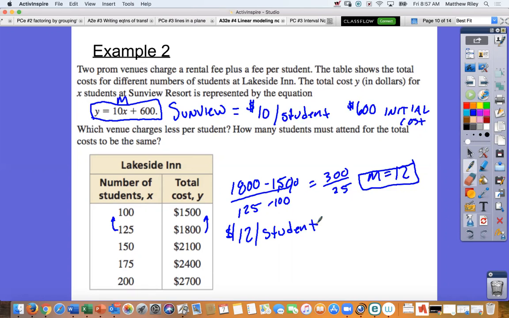Before I answer the questions, let's go ahead and find, well, if it's $12 per student, then how in the world do I find what my initial cost is? Again, you can pick any one of these points. Pick the one that you think is the easiest to use. Guess what? I like this one.